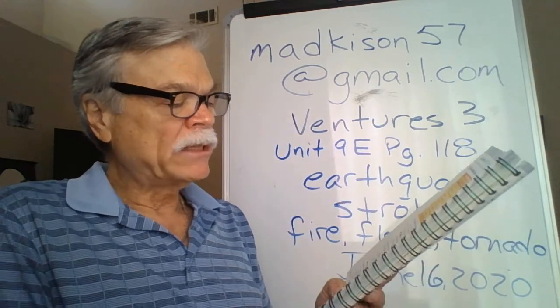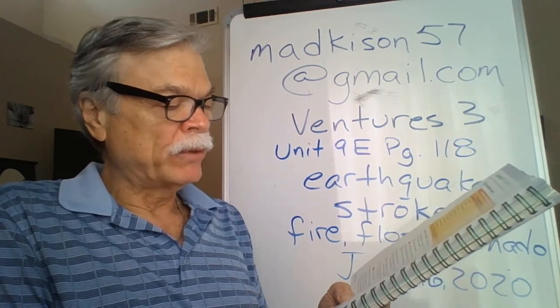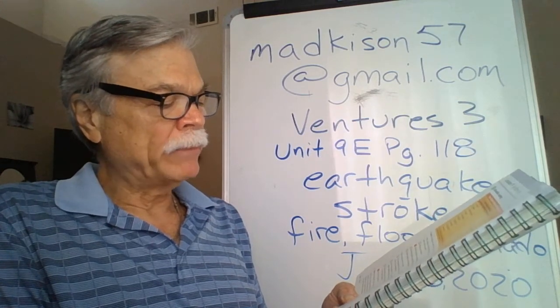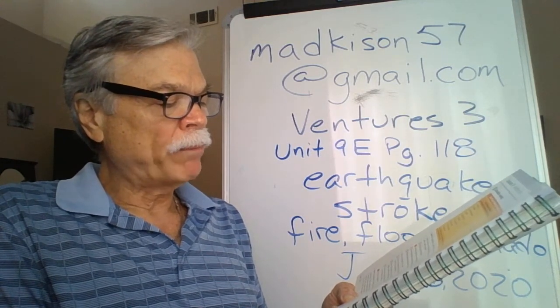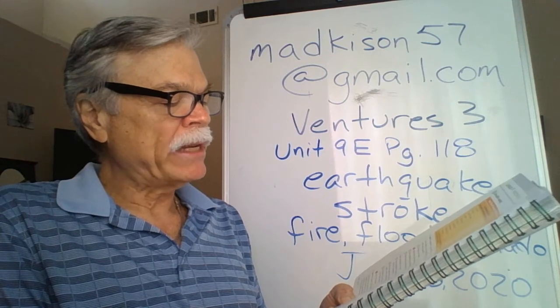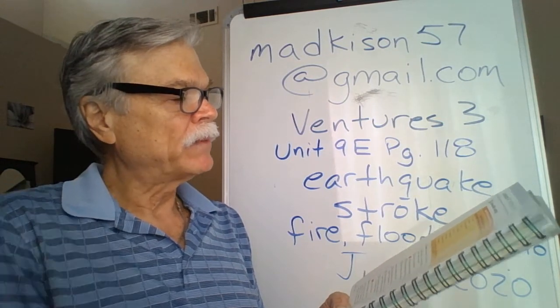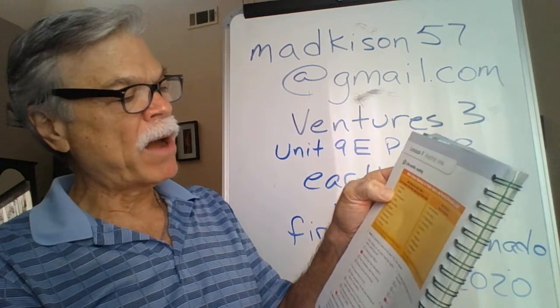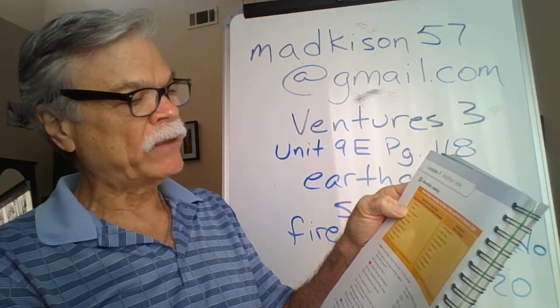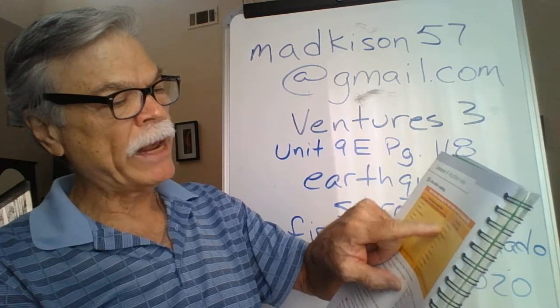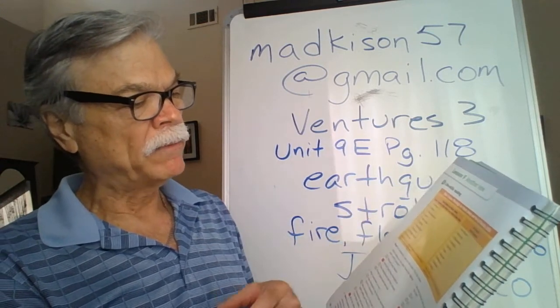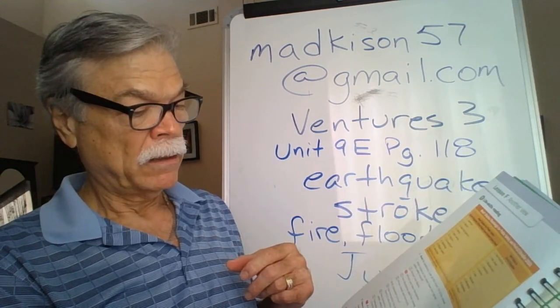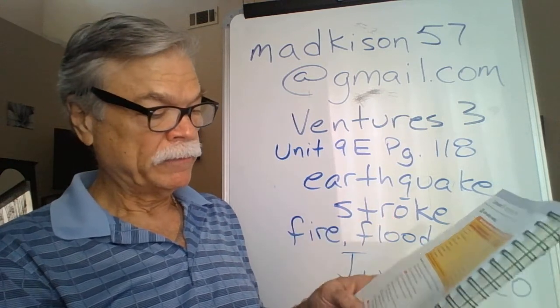Then 4 says, which statement is not true? Vermont and New Hampshire are listed in both public safety and pre-K to 12 education. I see Vermont and New Hampshire here on the left, and here's New Hampshire, there's Vermont on the right. So that's true.